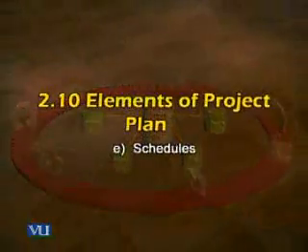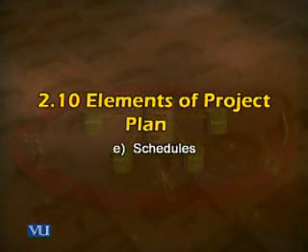Now we move to another element, that is the schedules. Technicalities, cost, management, all these things need to adhere to a timetable. In a software development plan, you have to consider three things.